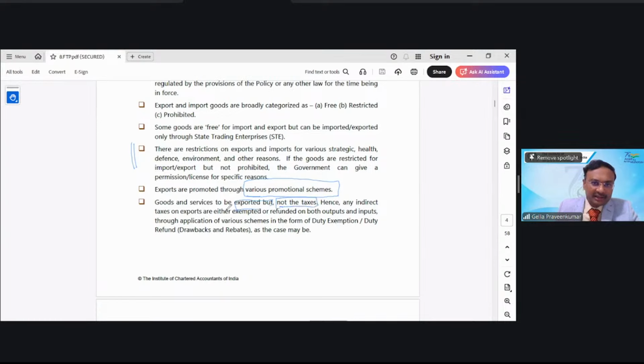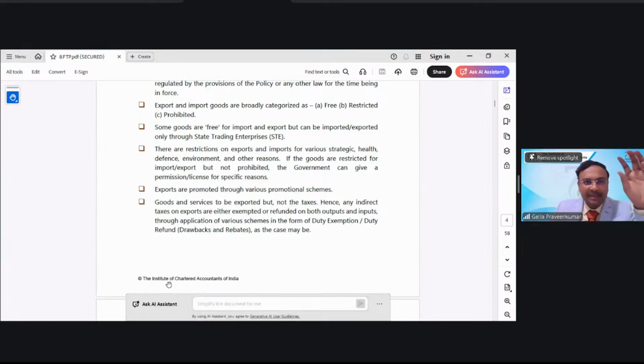So that way, the DGFT says that we are going to come up with something called duty remission or duty drawback mechanism. How do they bring it in, in terms of duty exemption, duty refund, that is drawback, as the case may be. Now, these are the aspects in general we are going to study in our institute material.